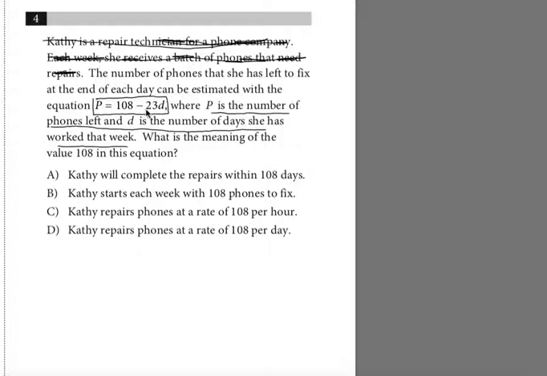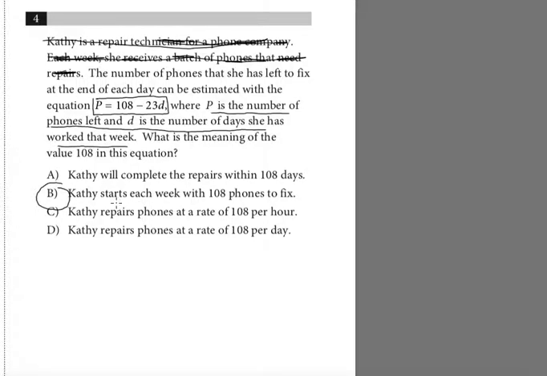If we really think about it, that means 23 must be the number of phones she fixed per day, alright? So it makes sense for us to multiply D by 23 because we're fixing 23 phones per day, alright? And P is just the number of leftovers we have. And so given those two constraints, 108 must be the number of phones she starts each week to fix, okay?